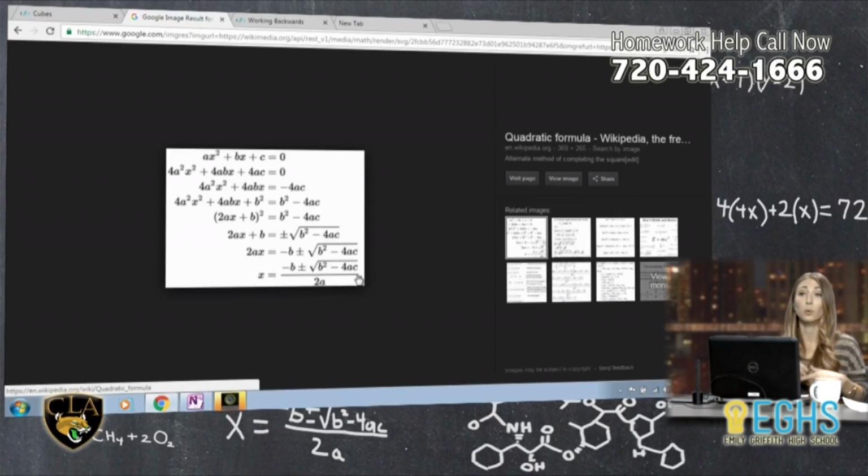We can use it anytime that the quadratic equation is in general form, like this one, ax squared plus bx plus c equals 0. However, we must use it in the case where we have imaginary roots. Actually, take that back.